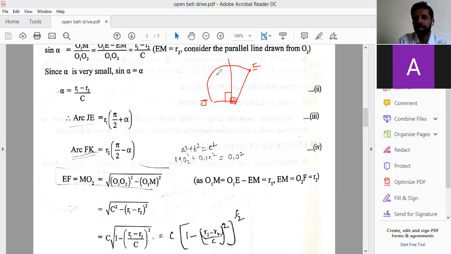So arc JE is 90 degrees plus this angle alpha, and the radius is R1. So 90 degrees, which can be written as pi by 2, plus alpha, multiplied by the radius R1 gives me the arc length. That is how we are going to get arc JE.